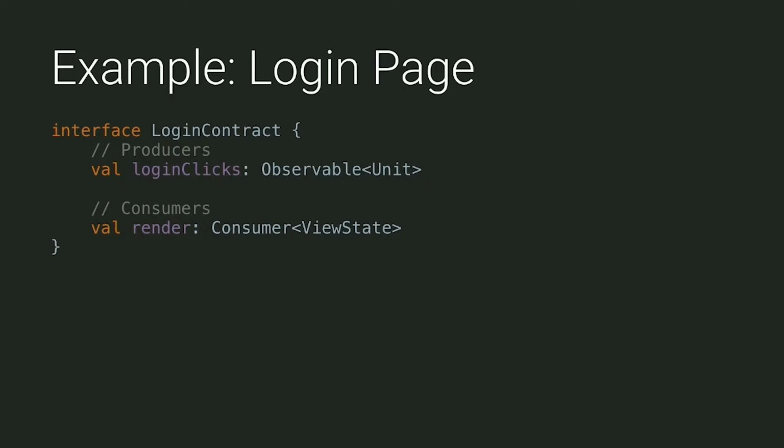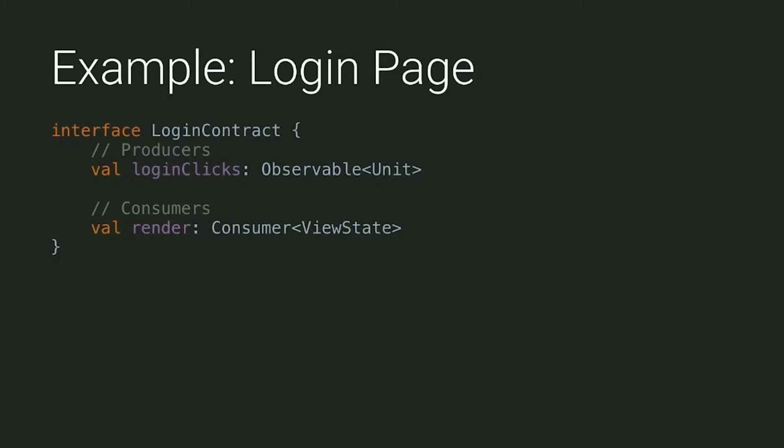Producer that describes user interaction, for instance, in this case, a login click or button click, expressed in form of an RX observable string. And consumer that takes care of getting the data that the presenter processed and either displays it to the user or does some kind of interaction with the UI.